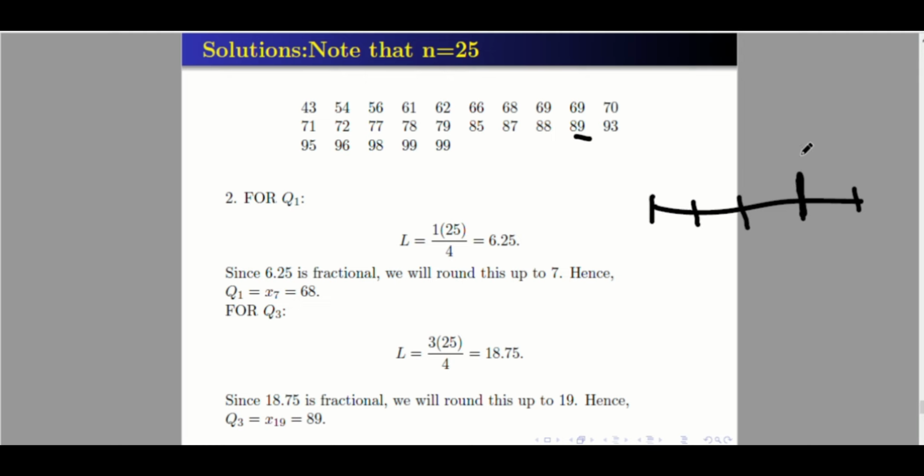Somewhere here, this is Q3. So we have 25%, 25%, and 25%. Adding these, we have 75%. So 75% of the data falls below or equal to 89, meaning the data to the left of 89.